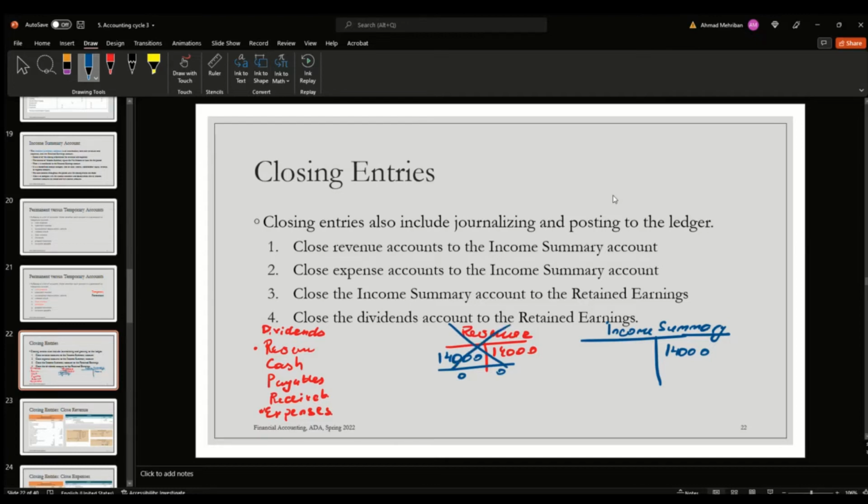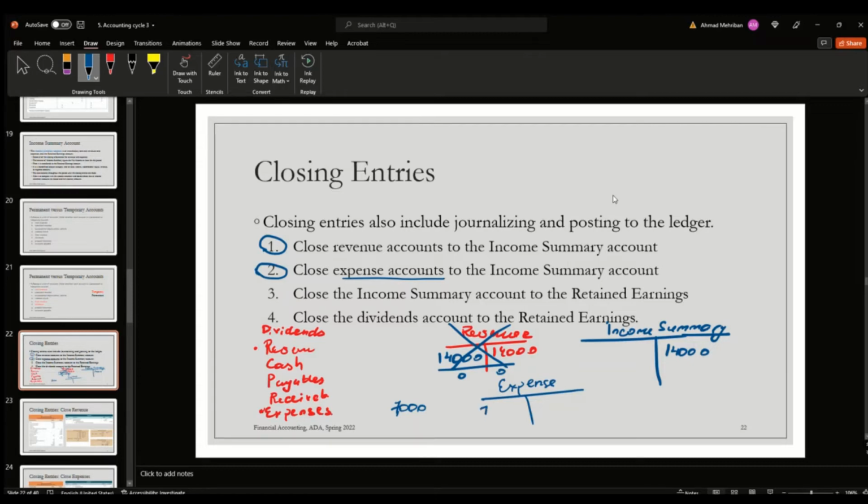It's down to 0. This was the first step. Now the second step is to close expenses to the income summary. Let's say expenses were, like we saw previously, I don't remember, but let's say 7,000. We normally have multiple entries in the expense account, and they are all increased on the debit side, if you remember correctly.